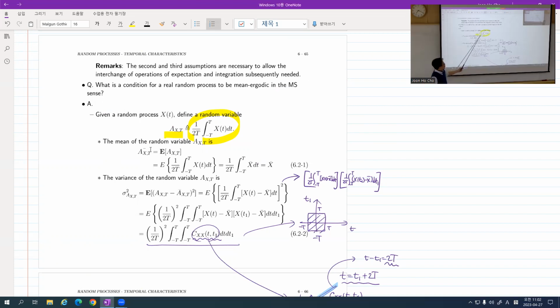That is a kind of time average on a finite interval of length 2T. So by changing capital T, we can have uncountably infinite random variables. And now, since we assumed this random process has constant mean, the mean of each random variable is the same as the statistical average. So this is assumed.